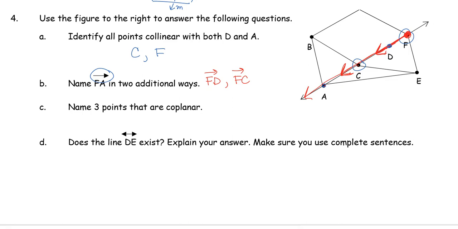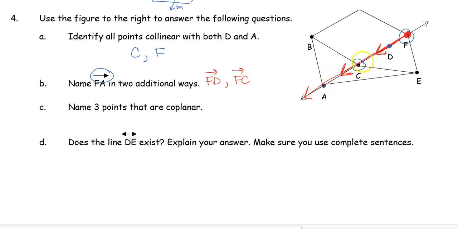Name 3 points that are coplanar. So coplanar means that they are going to lie on the same plane. Now above we said that it takes any 3 non-collinear points to make a plane. So I can pick any 3 points I want just as long as they are not on the same line.